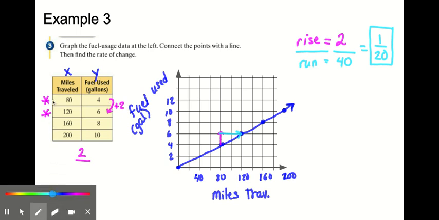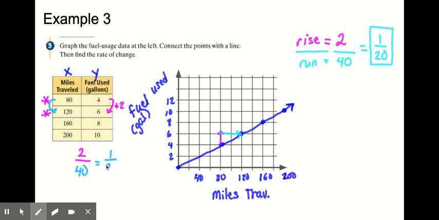And then going from 80 to 120, which is plus 40, or 1 over 20. So I can use my table, or I can use the graph to find the slope of a line. Okay, that's it. Your turn.